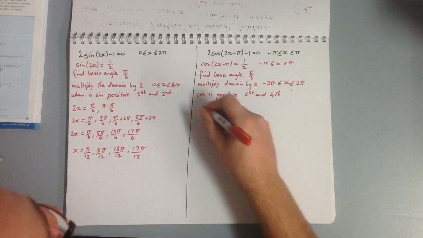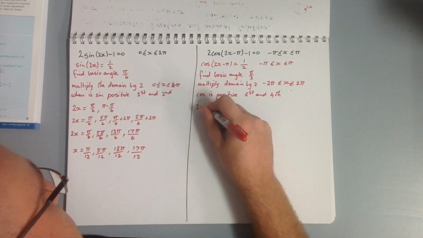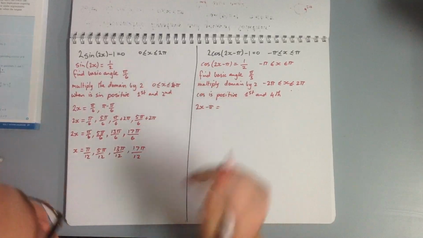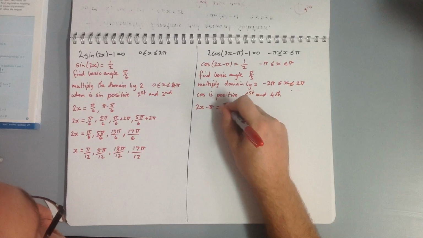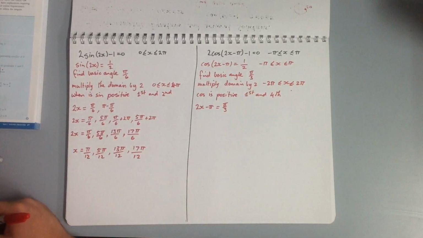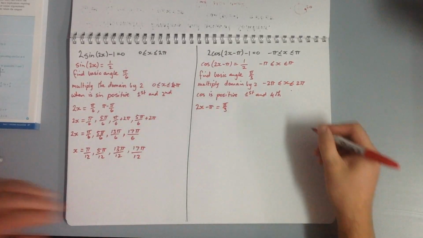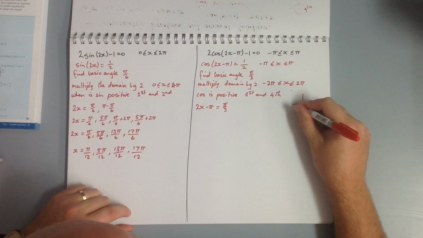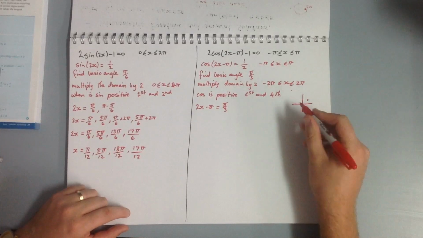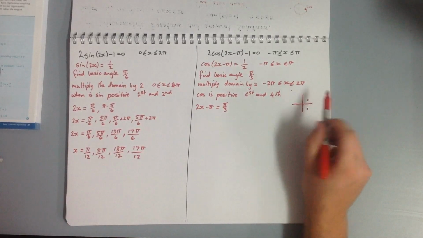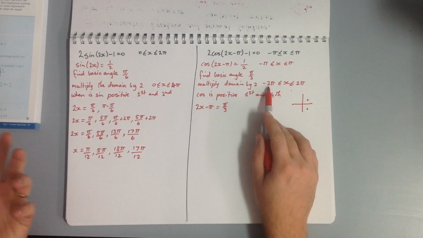So then our 2x minus pi is going to give us a solution in the first quadrant, which is pi on 3. That's handy. Then we need to think about where we actually are at. So we've got a solution up here and a solution down there. The problem is this funny domain going backwards.